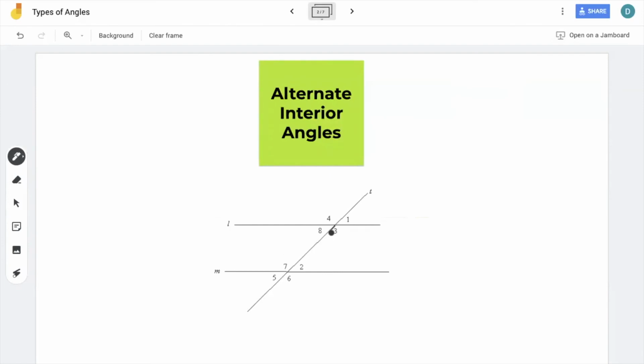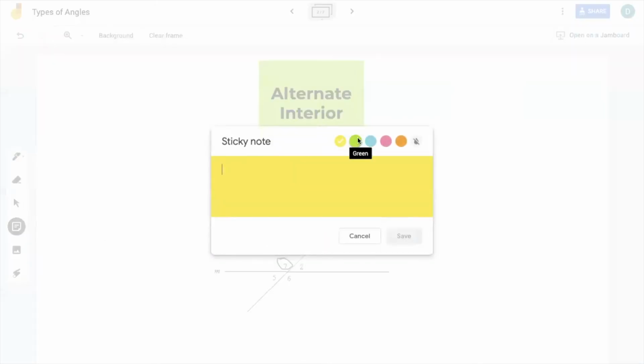Well, 3 and 7 would be an example of alternate interior angles. Another example is 8 and 2. So I'm going to write these down real quick. 3 and 7, as well as 2 and 8.